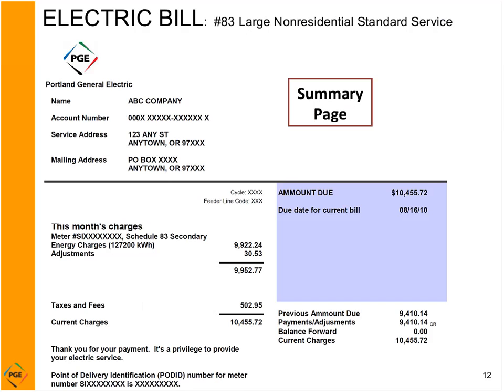Okay, now we're going to go on and look at an example of an electric bill. This is pretty much the basic summary page, which tells you the basics, your basics being amount due and when your bill is due. Another important piece over here is how many kilowatt hours you used in that billing cycle. And one more that I think is very important is your meter serial number.